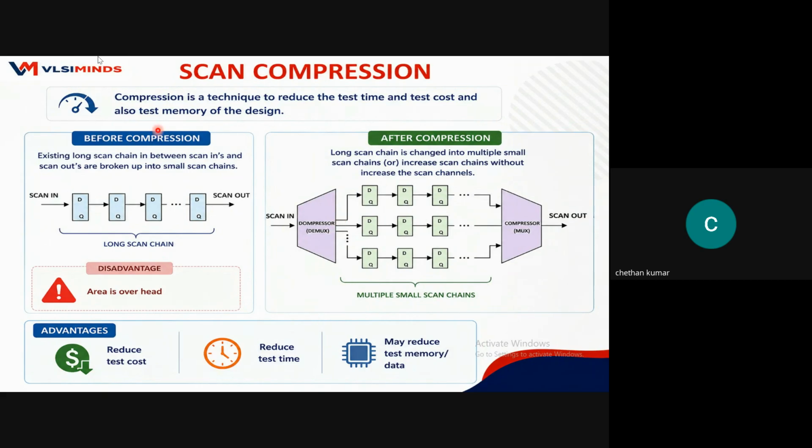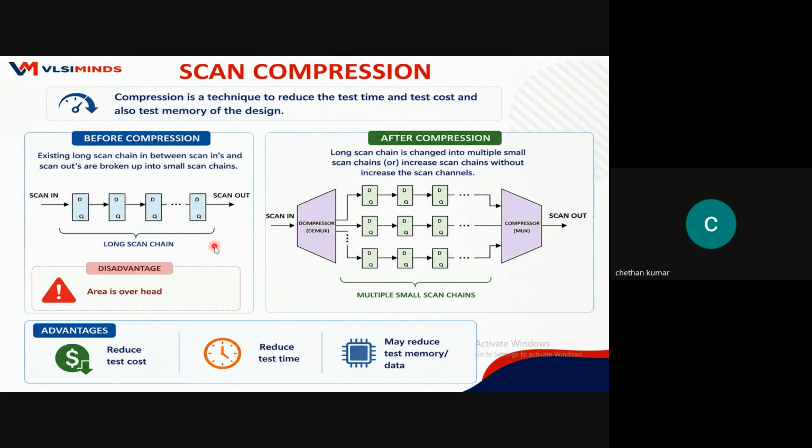In the regular courses, we will study what EDT is and how we design EDT: how to choose the number of channels, how to choose the number of scan chains per channel. Here I have shown only a single chain, but in industry there will be a lot of chains.